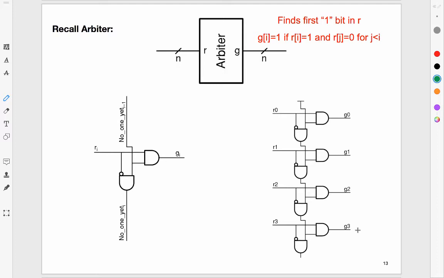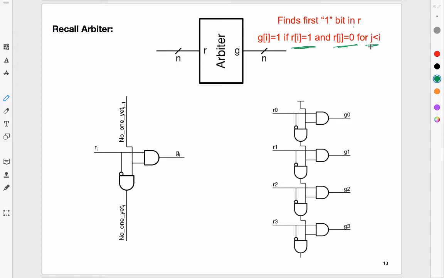At any point in time, we look at the R inputs, R0 through Rn minus 1. You start from 0th, and the very first i at which R of i is high is the winner. Then we make the corresponding grant high. So it basically finds the first 1 bit in R. So Gi is 1 if Ri is 1, and Rj is 0 for every value of j less than i.